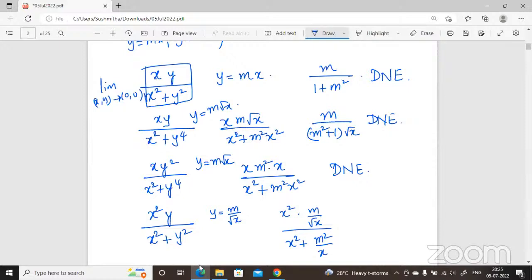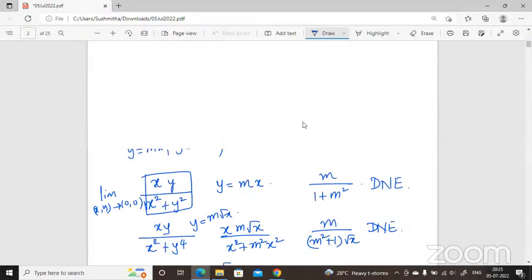Hello, ma'am. Yeah. Ma'am, how do you derive this equation, like y is equal to m by root x, y equal to m root x? In the tutorial, it was shown that we have to check y is equal to mx. No, see, y is equal to mx.